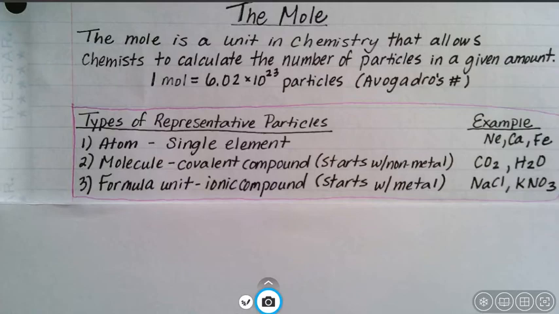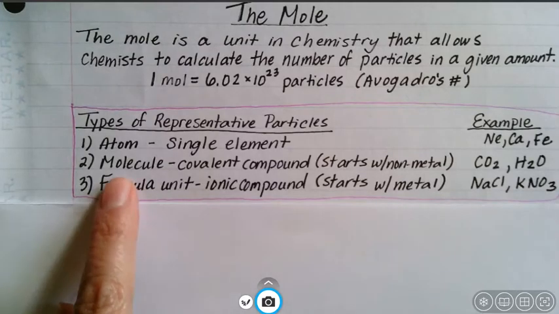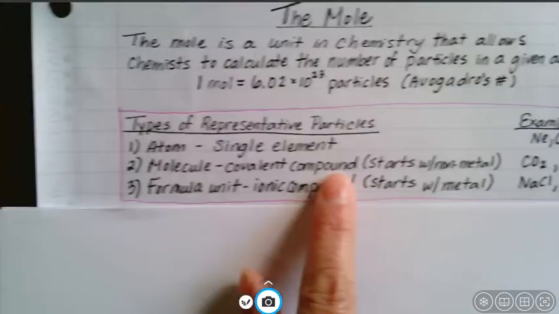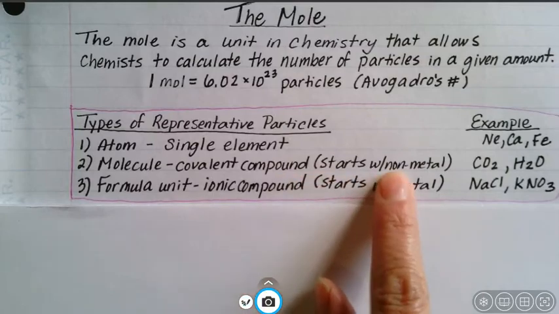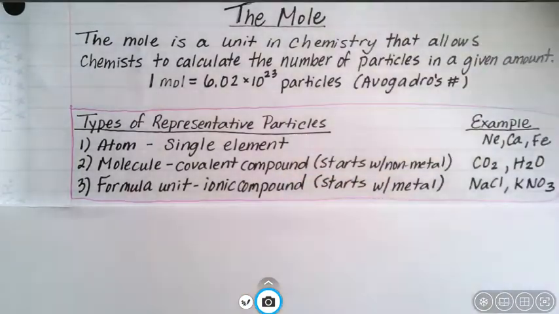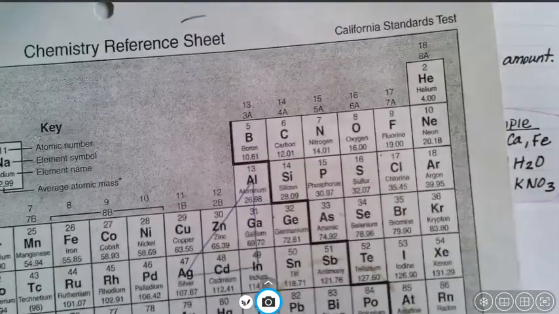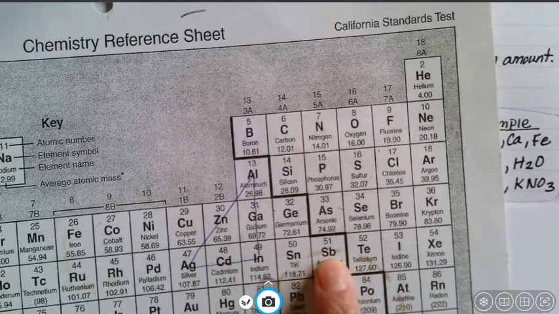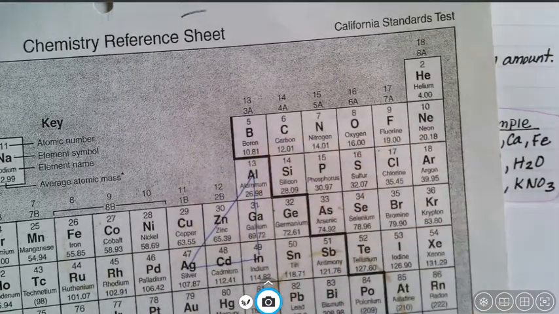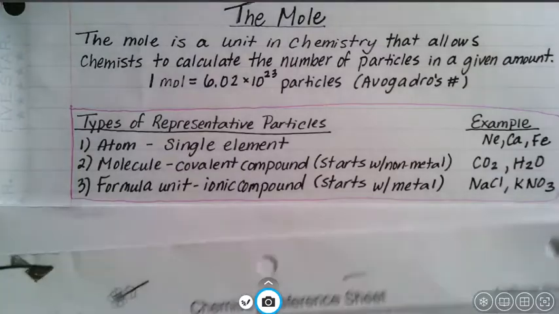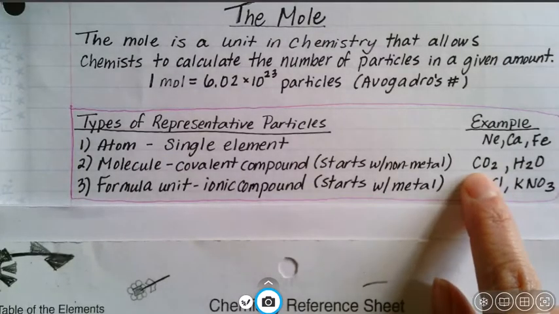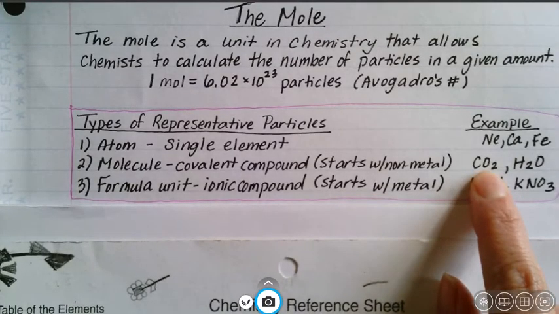Okay, if I gave you a representative particle that started with a nonmetal. So where are those nonmetals? Let's review. Remember, you have the staircase here. Anything to the right of the staircase, those are nonmetals. All right, so I've got this carbon and oxygen.